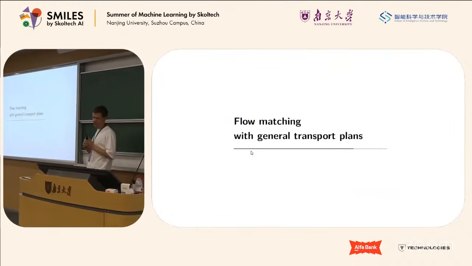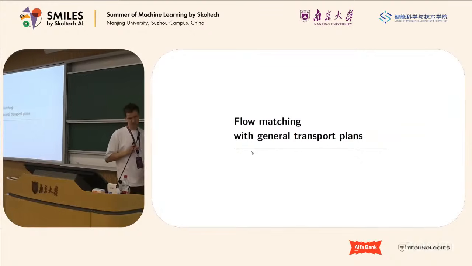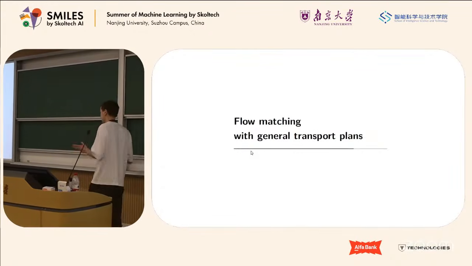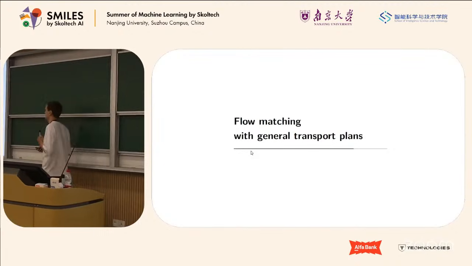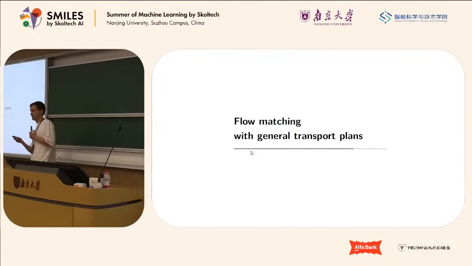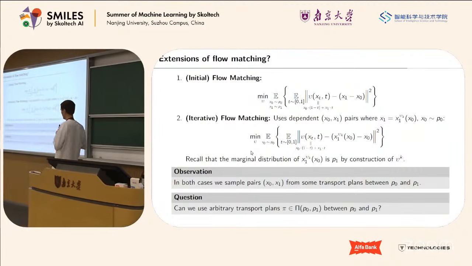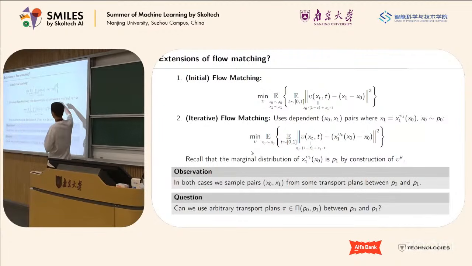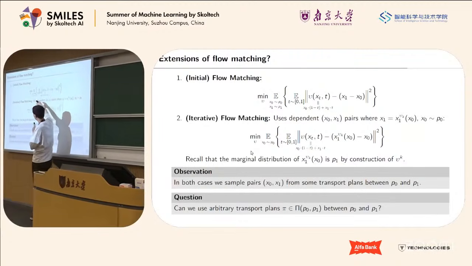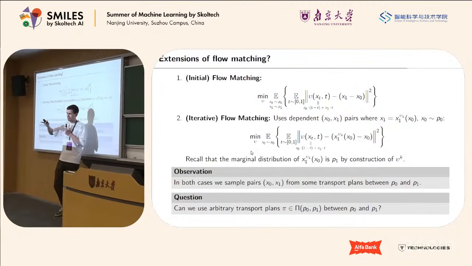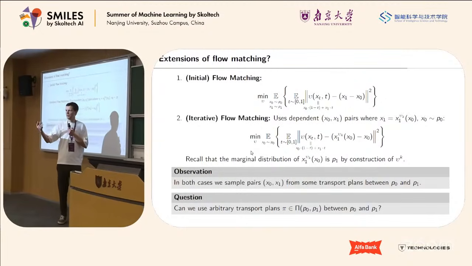Okay, and the final part of our lecture is just to show that this thing has some extensions, and one such extension is flow matching with general transport plans. What is this, basically? If you take a look at what we have discussed so far, originally we started from flow matching, where you sample pairs of noise and data independently and train your flow matching model.